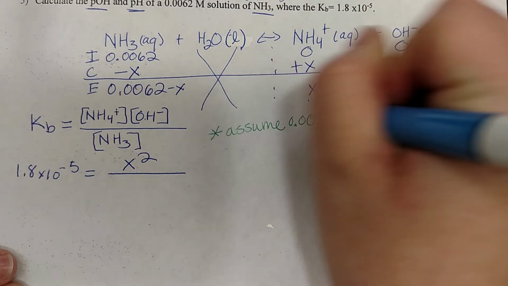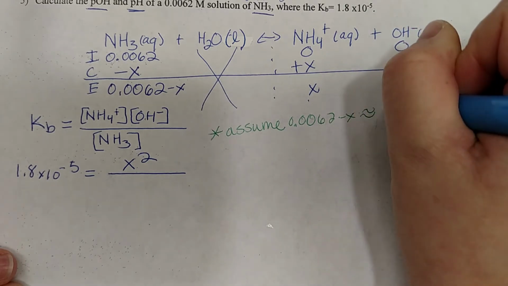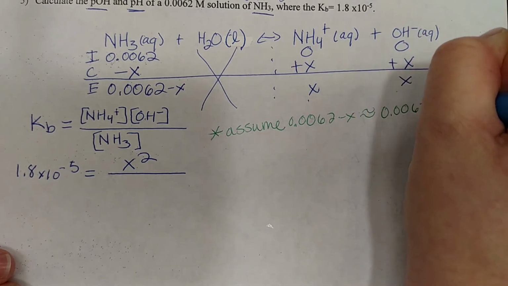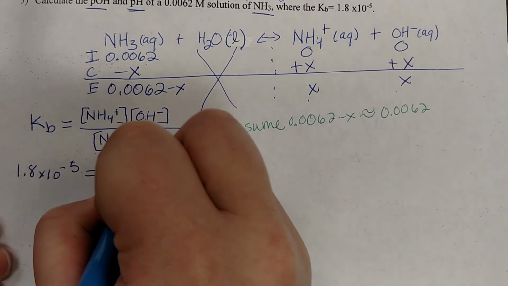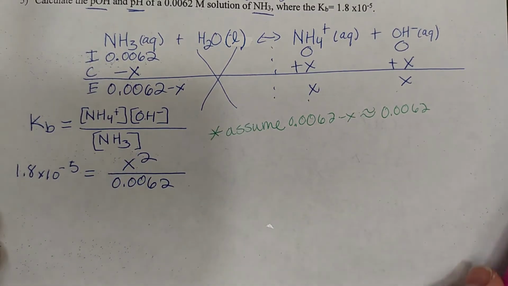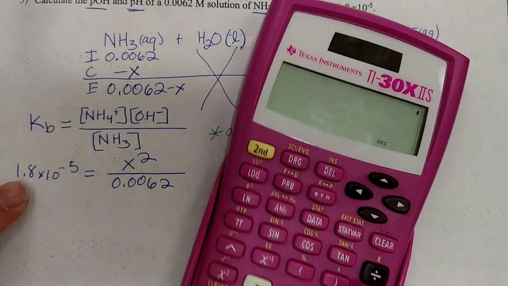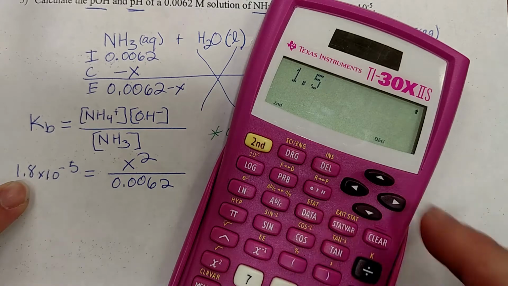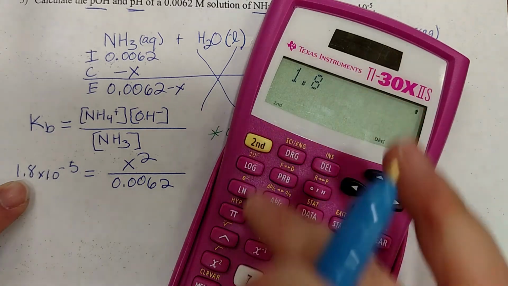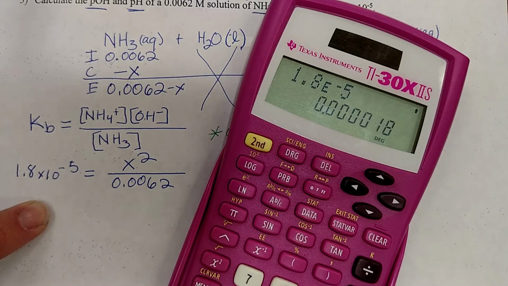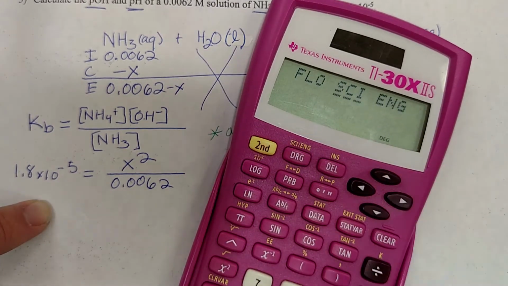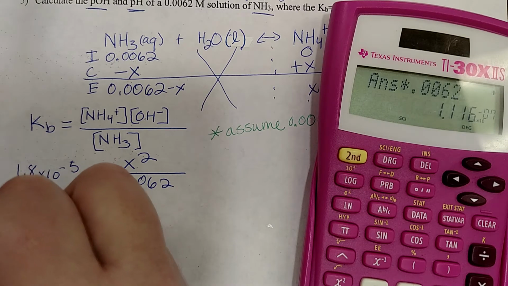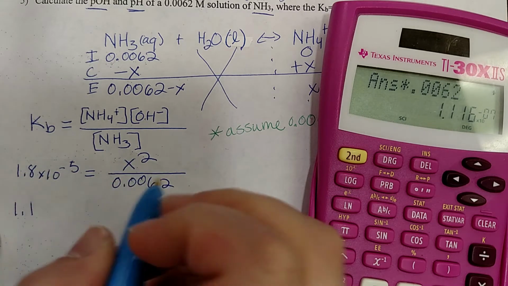that 0.0062 minus x is about equal to 0.0062. Go ahead and keep that assumption, and we'll just put in the 0.0062 down here. We'll multiply it to the other side. 1.8 times 10 to the negative fifth times 0.0062. Very small number. 1.116.